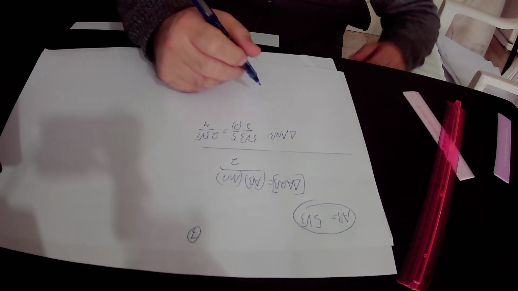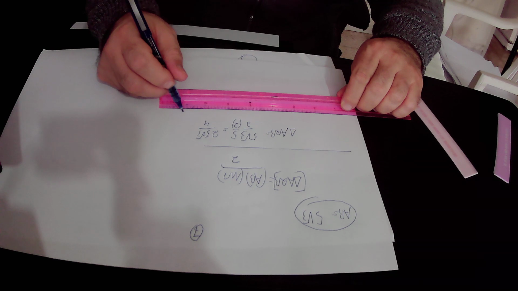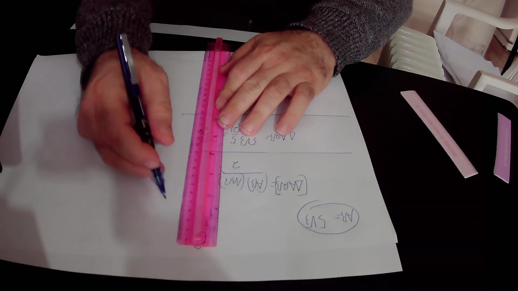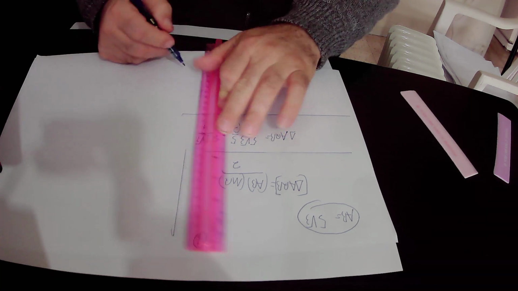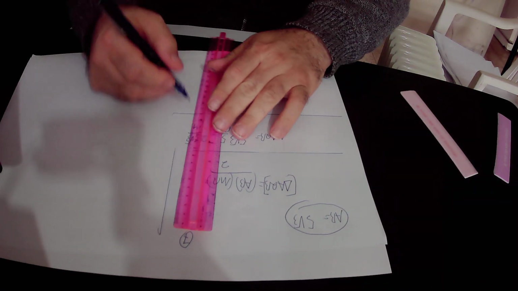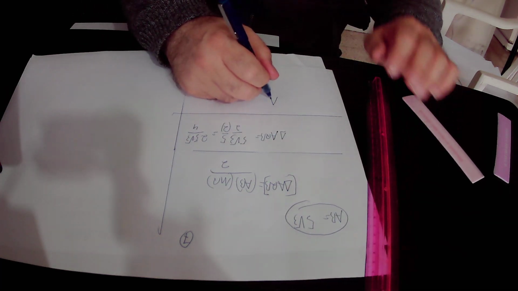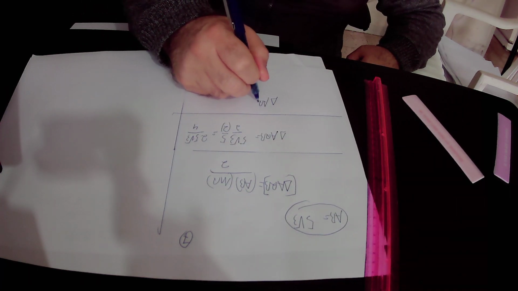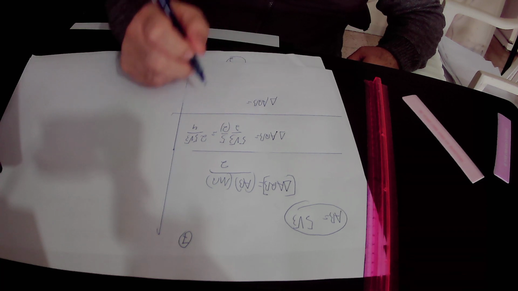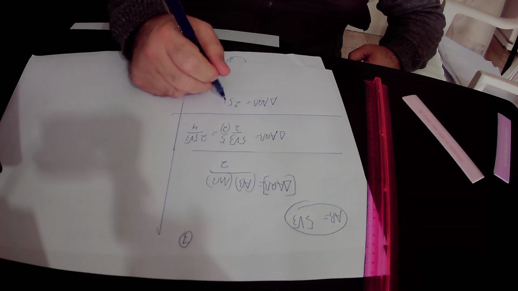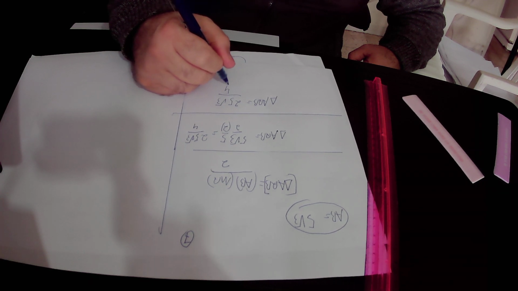In conclusion, the area of triangle AQB equals 25 times square root of 3 over 4.